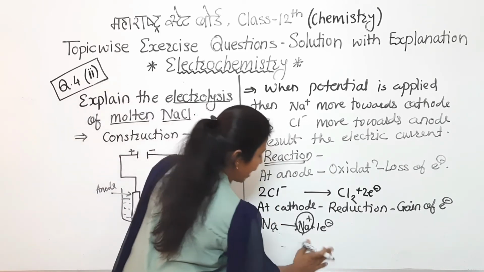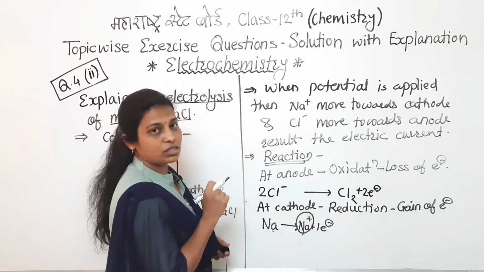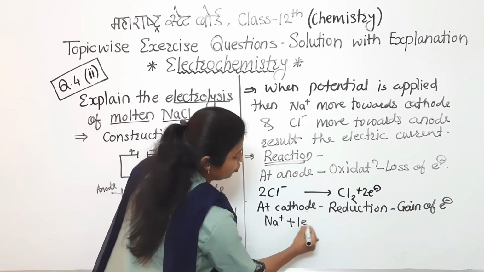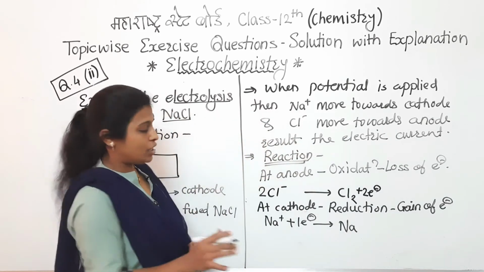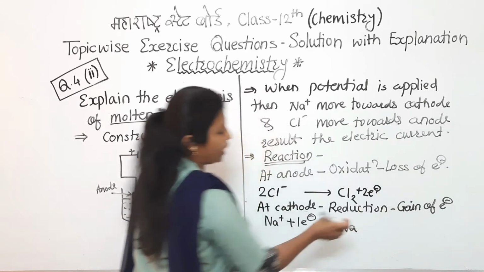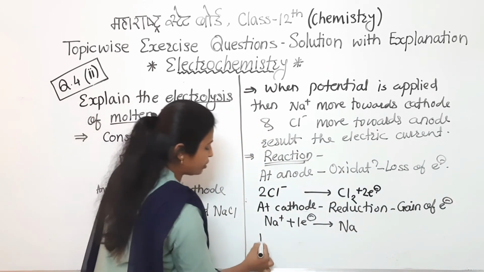So when the atomic form of sodium loses 1 electron, it is the oxidation. But when Na plus gains 1 electron, it will become neutral, means Na. So this is the correct one. This is the reaction which takes place at the anode, and this is the reaction which takes place at the cathode.